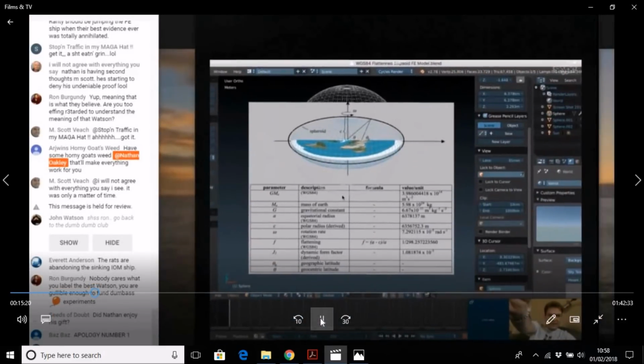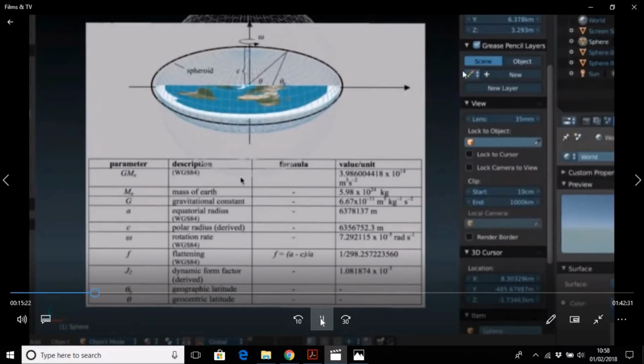Are there any fantasists out there that can come up with nonsense evidence to support the shape of the Earth? Here we go. So, sorry to interrupt. Can I just show this to the audience? So, this is what you were talking about. I don't know if you can see my screen. The flattening factor F for the WGS 1984.